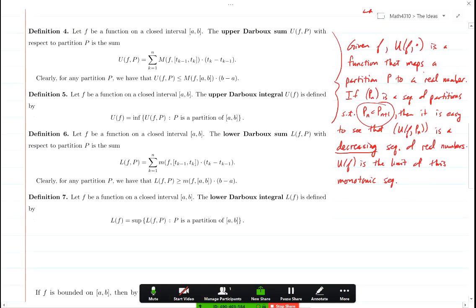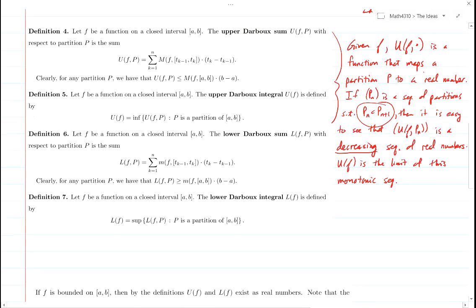So then what you end up showing is that for this upper Darboux sum, you get a sequence of real numbers that's a decreasing sequence if you have such a sequence of partitions. And then u of f is simply the limit of this monotonic sequence, because we've shown monotonic sequences have limits.